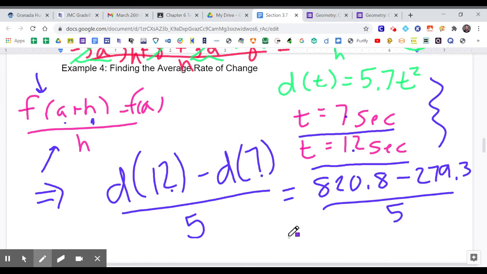And so we'll just simplify. So we get 541.5 over 5, which is 108.3.